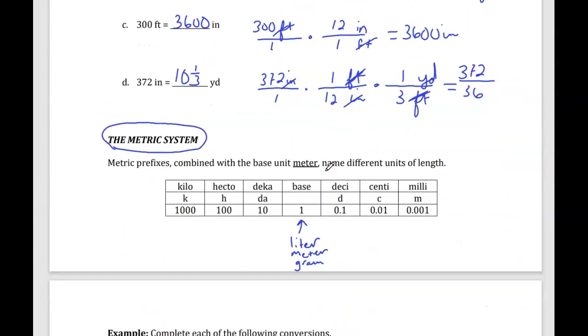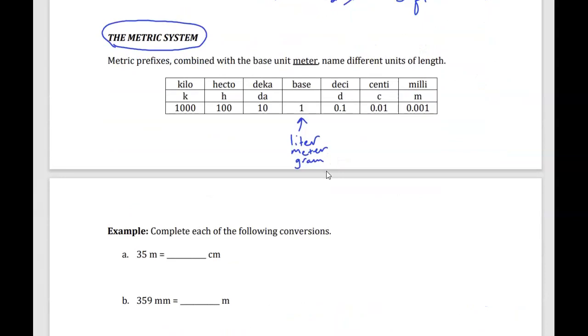In the metric system, because it just changes by units of 10, if you'll notice, it's adding or subtracting zeros each time. Because remember, in our numbering system, we're talking about base 10.